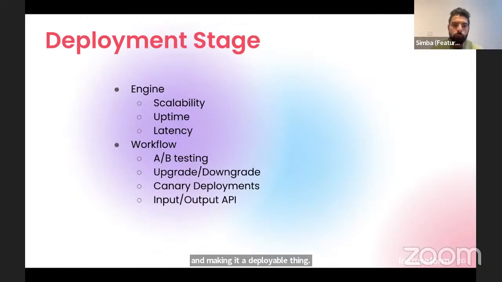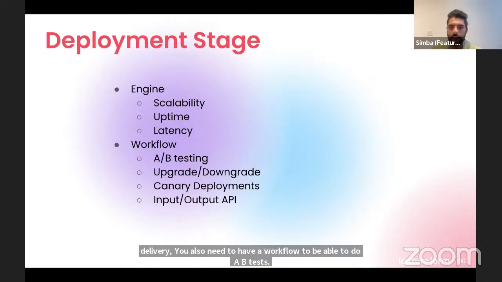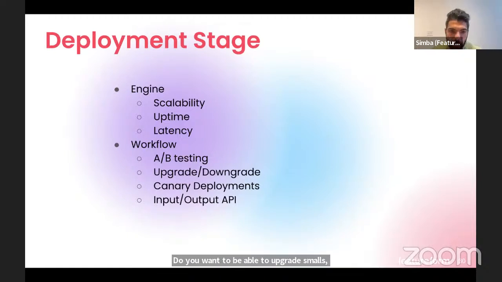Above that, there's a workflow problem. Because just being able to deploy the model is great. But if you want to have true continuous delivery CI/CD, you also need to have a workflow to be able to do A/B tests. You want to be able to upgrade models, downgrade models, potentially with zero downtime. You want to be able to test things.